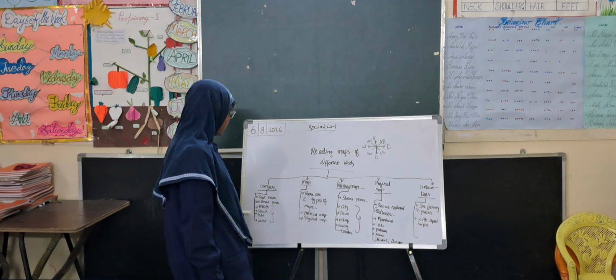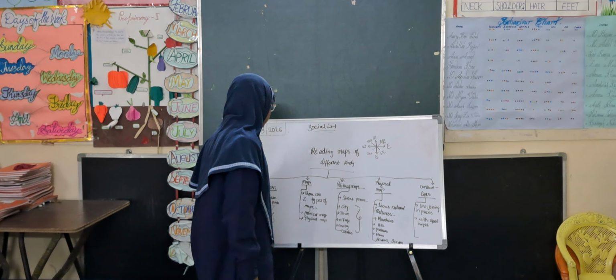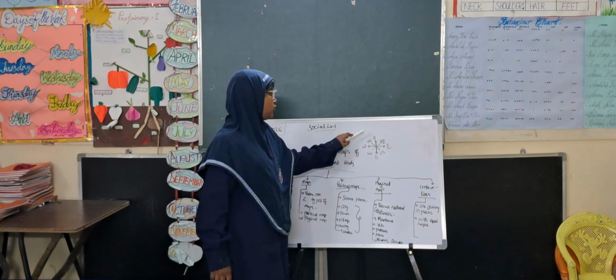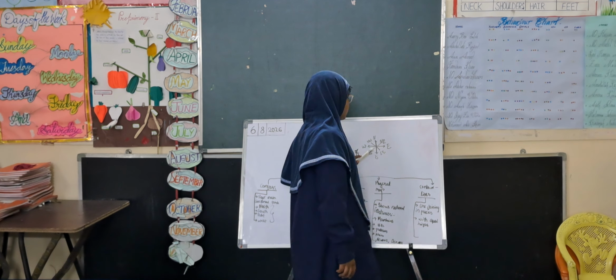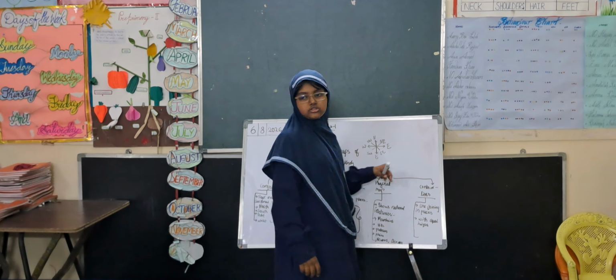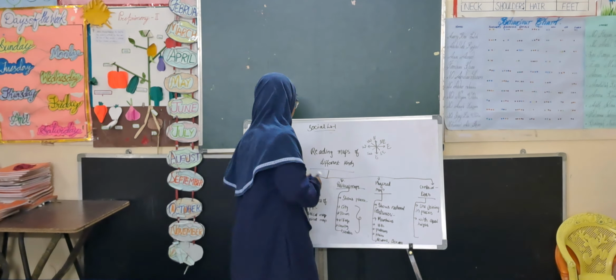These four main points, north, south, east and west, are known as cardinal points. Most people think that northeast, southwest, southeast are also cardinal points, but they are not. They are intermediate points.